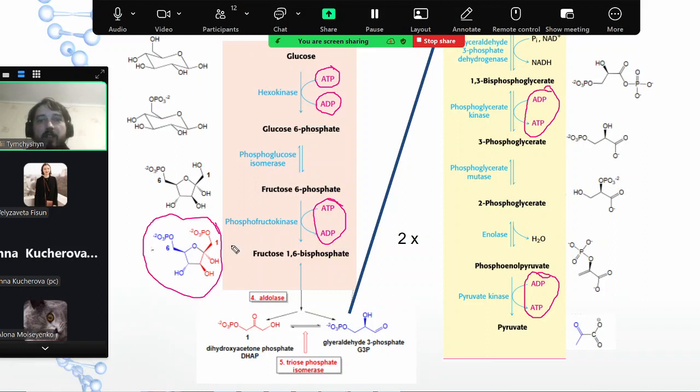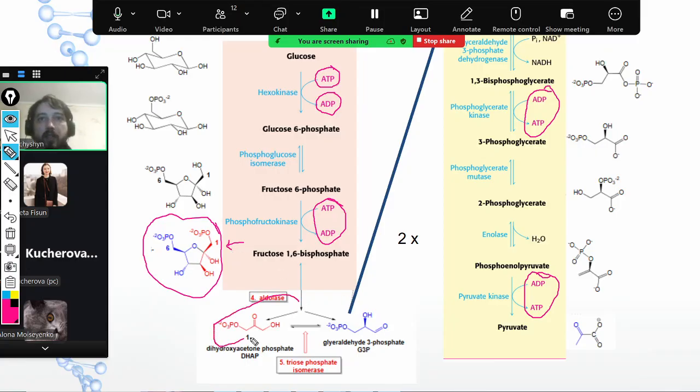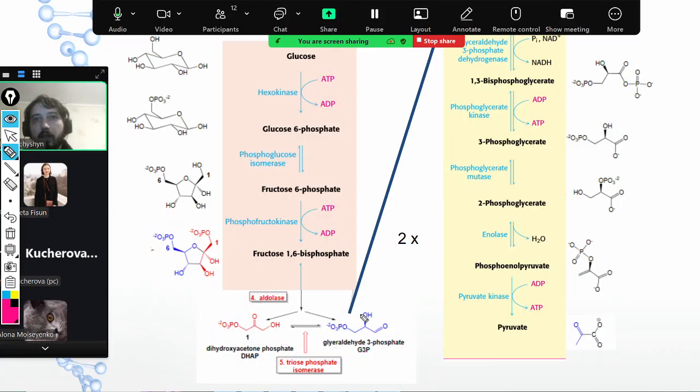Here is a sugar that contains 6 carbon atoms. It is transformed into two molecules that have 3 carbon atoms, and each of them is then processed by the second part of the pathway. So you get 2 ATP for this molecule, and you get 2 ATP for this molecule.